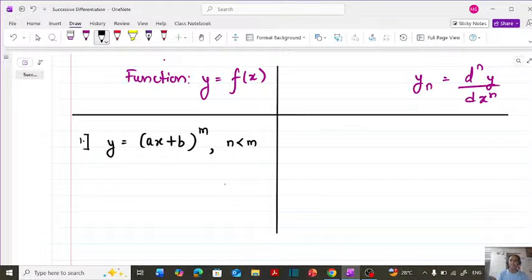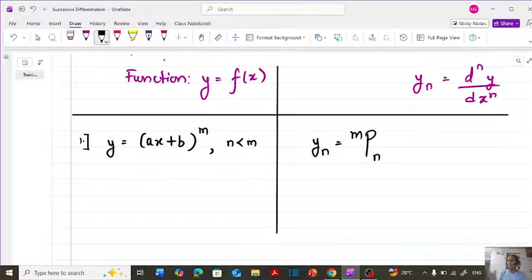Let us see. So the formula here is yn, meaning the nth derivative, is going to be, now you recall, the formula is like this basically. It is mPn.